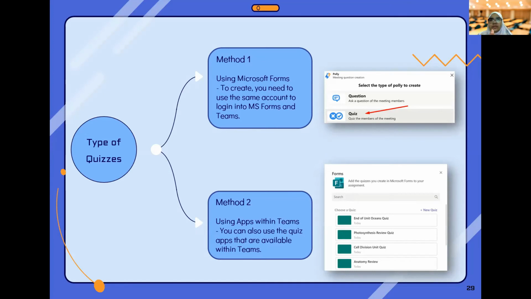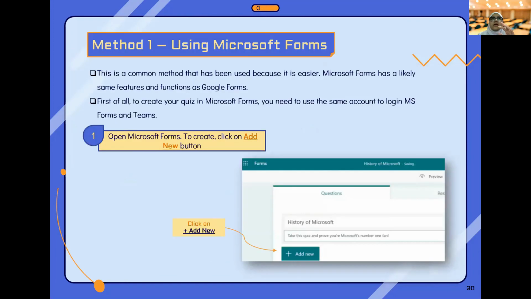Method one is Microsoft Forms, which is to create a Microsoft form, but this one is quite similar to Google Forms. And the second one is Poly, which is an app that is integrated with Microsoft Teams. The method one, how to use Microsoft Forms.